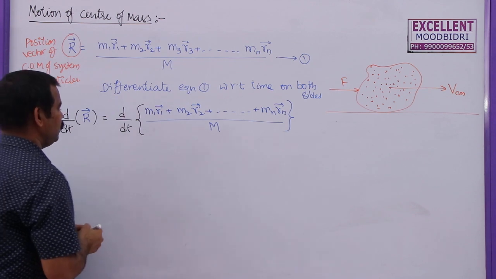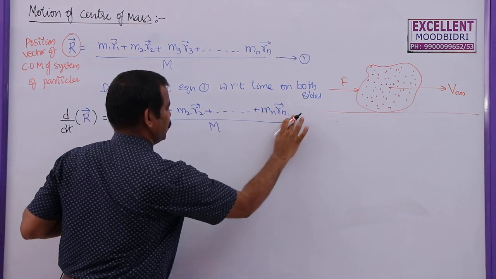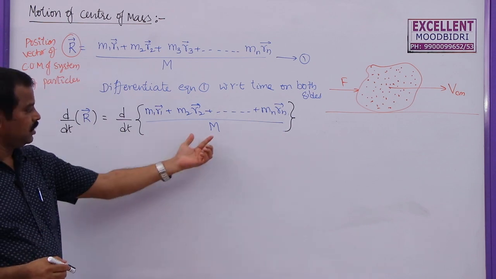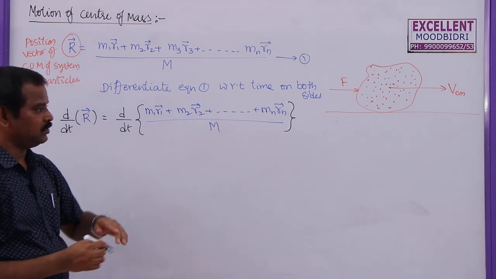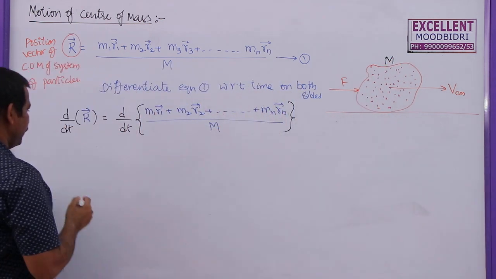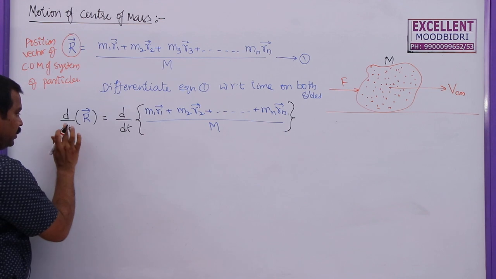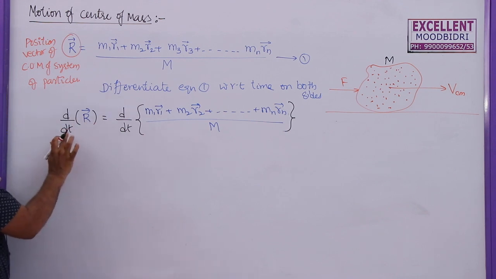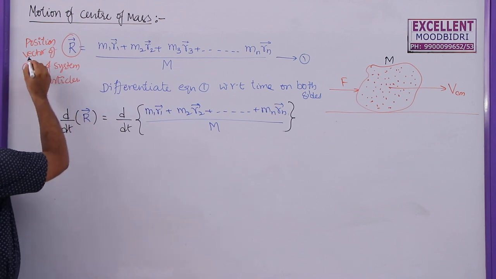We know that whether it is integration or differentiation, first we need to bring the constant terms outside. Here, the total mass of this body is M, so bring it outside. You can write this as differentiating the position with respect to time. We know that the rate of change of position is called velocity.